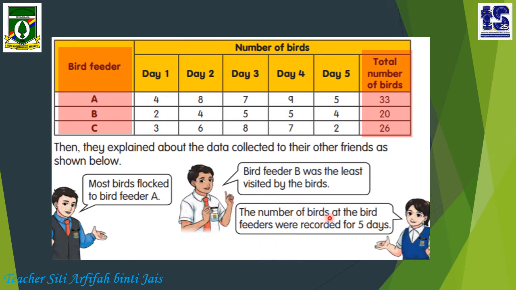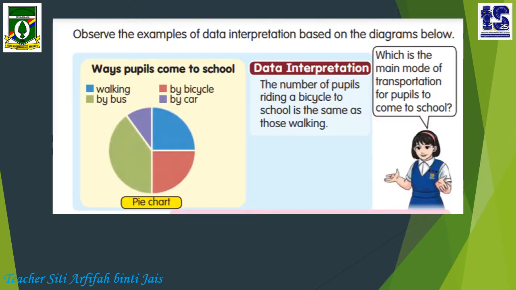The number of birds at the bird feeders were recorded for 5 days. Observe the examples of data interpretation based on the diagrams below. Look at this chart. This pie chart explains the ways pupils come to school.